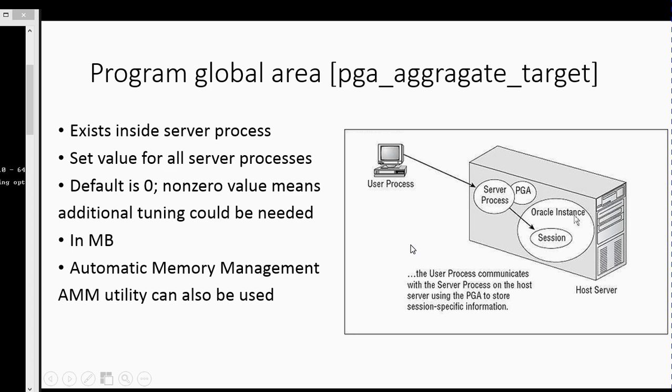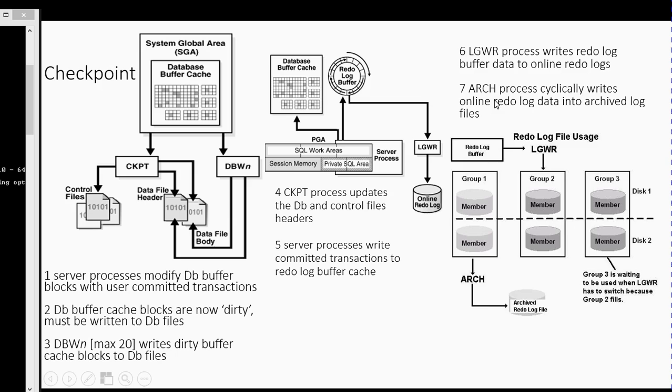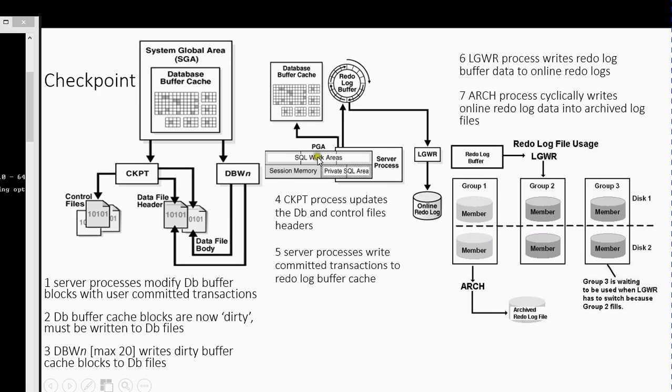And in terms of the program global area, this is a parameter that you use to set up the program global area. Actually, before I get to that point, the reason why I went over this setup is in terms of doing performance tuning.